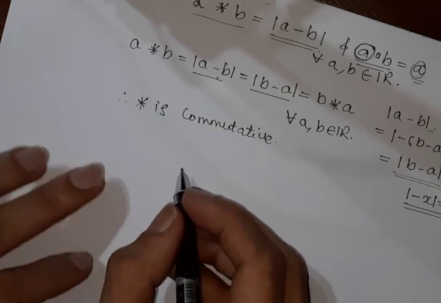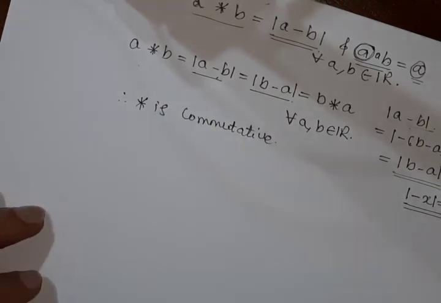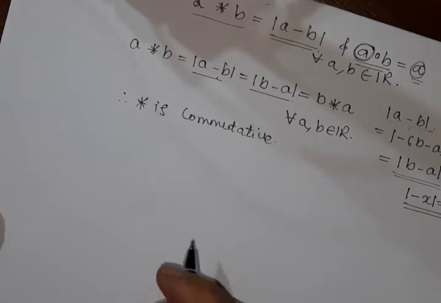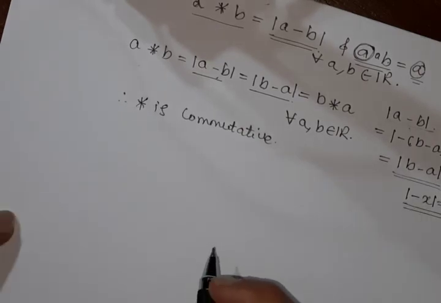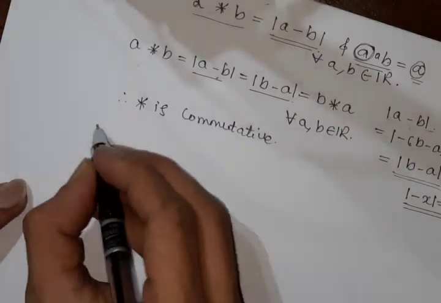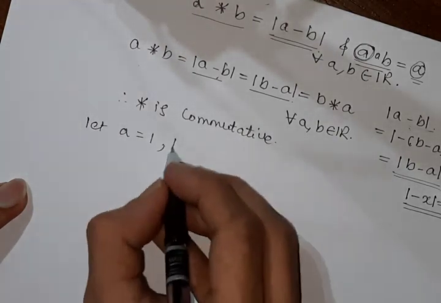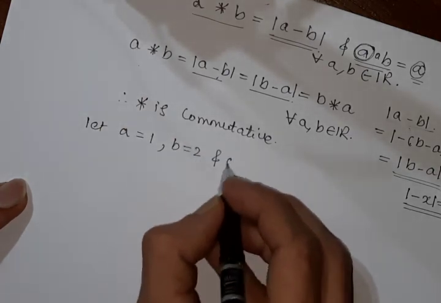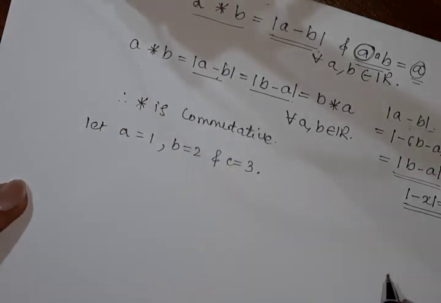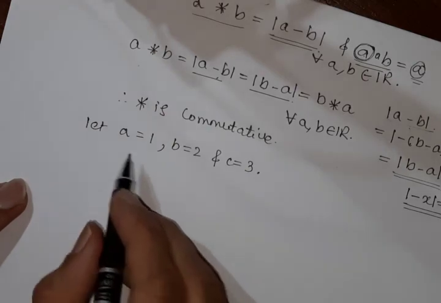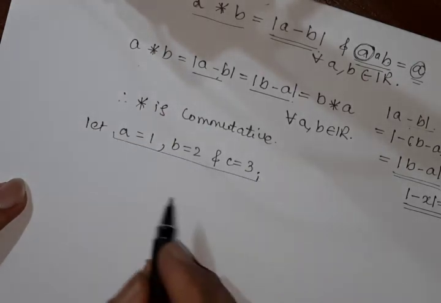If you have to prove not, then it means you have to give some examples and prove it. So what we'll do is let A be equal to 1, B be equal to 2 and C be equal to 3. Let us prove that the associative property will not be satisfied for this set of values.